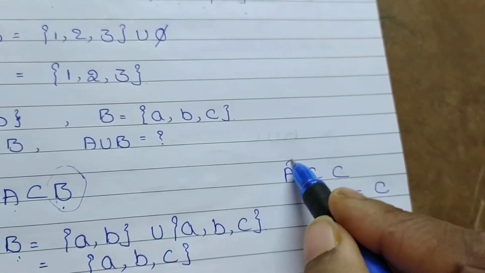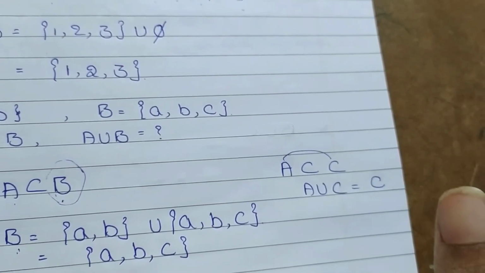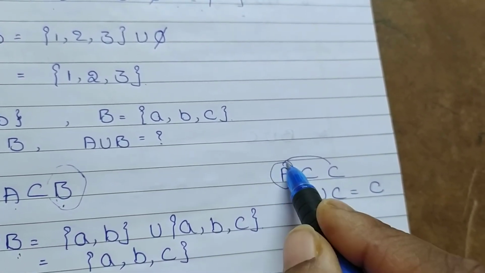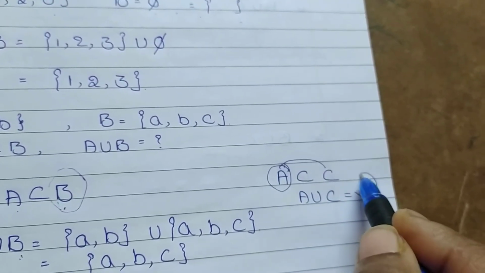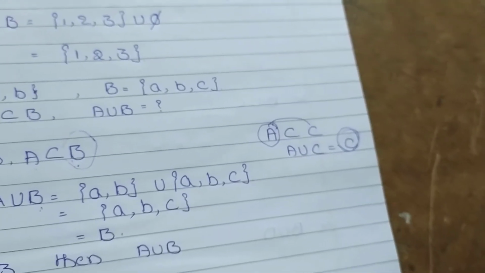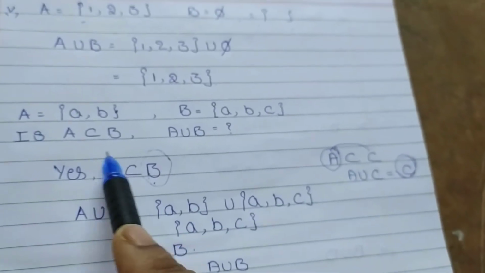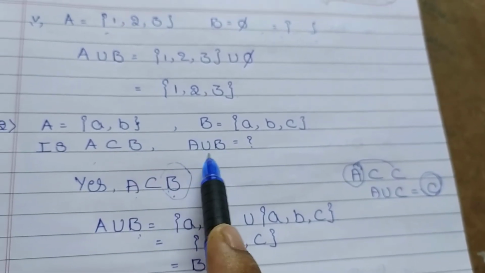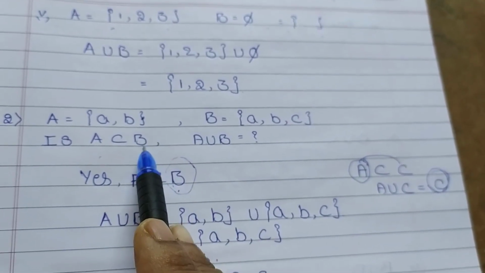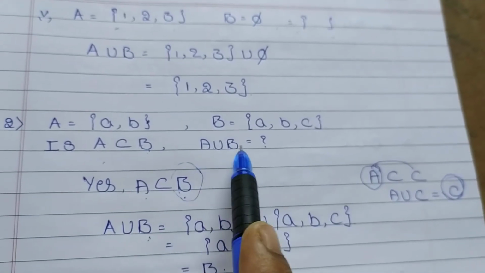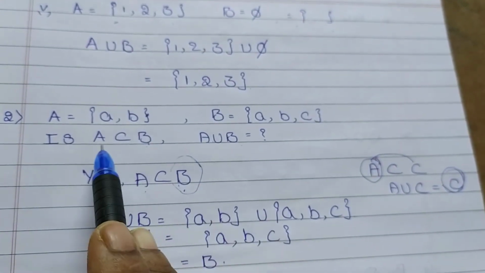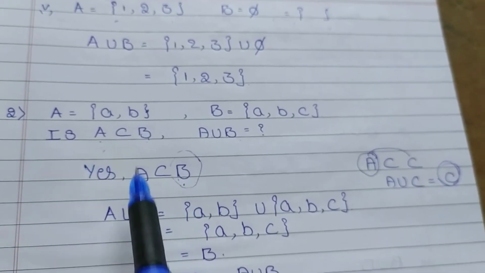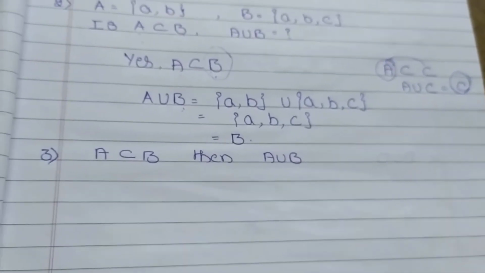Among the two sets, the largest set, which contains the other set, is what you get in the union. If A is a subset of B, then A union B will be equal to B. If you take A intersection B, you get the smallest set, that is A. This is one of the results you can remember.